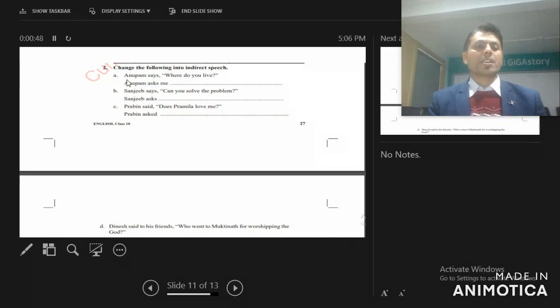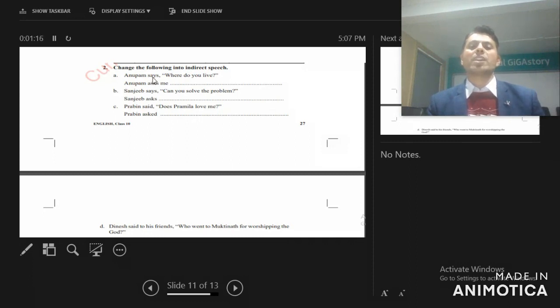Number A. Anupam says, where do you live? Okay, this is a direct question. Anupam says: before the comma, this verb is the reporting verb, right? And after this, the expression given inside the double inverted commas is the reported part, and before the comma is the reporting part, right?